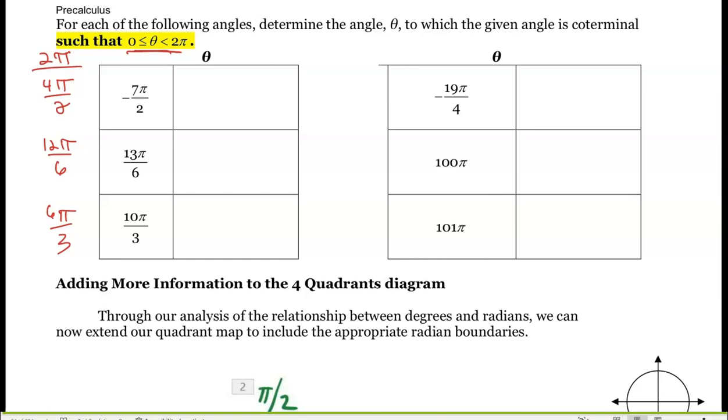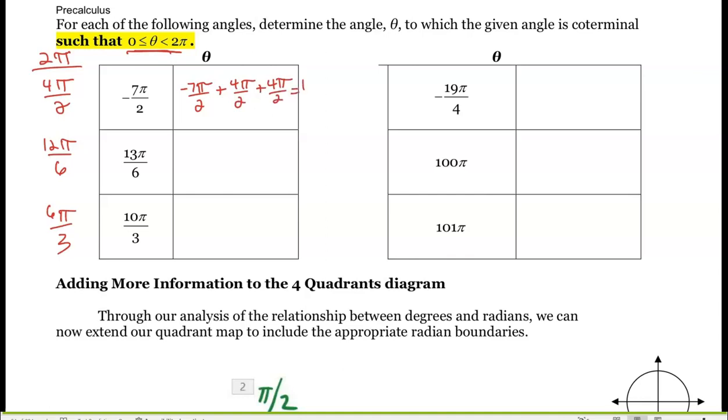Okay, so I need a coterminal on the circle. If I add 4 pi over 2, I'll still have a negative. So what I have to do is take my negative 7 pi over 2, and I'm going to add 4 pi over 2 twice.